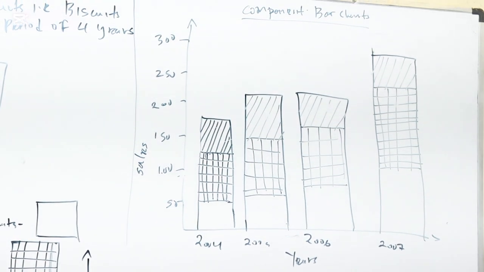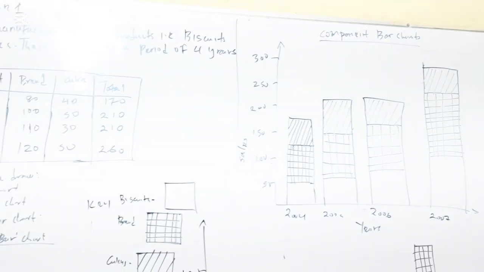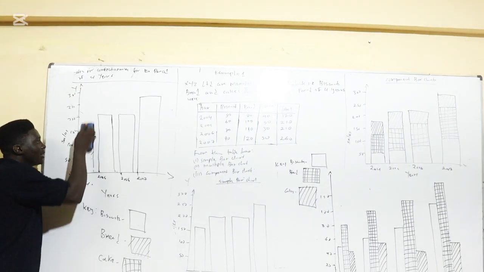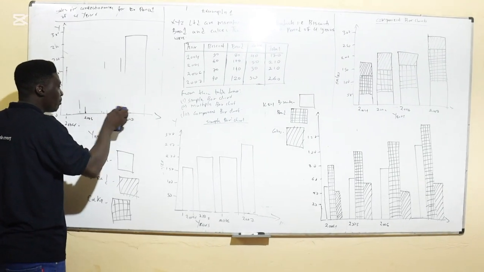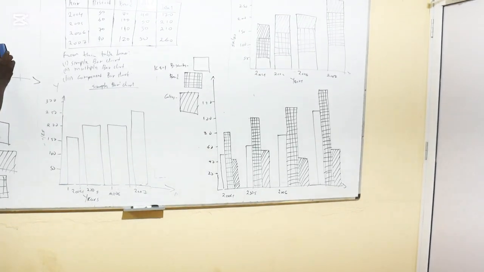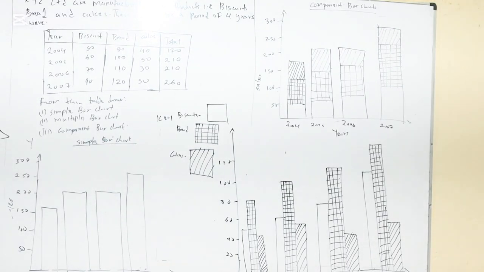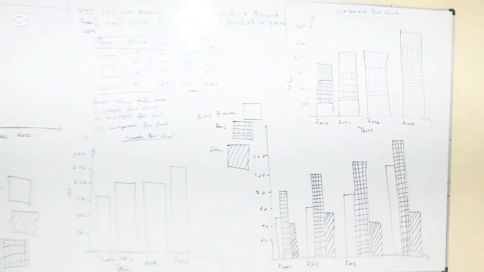Now let's go to the multiple bar charts. I'll just give one example per each and we'll refer to whatever I've already done. In the case of the multiple bar charts, everything is going to remain, the labeling and everything, also the keys are going to remain.